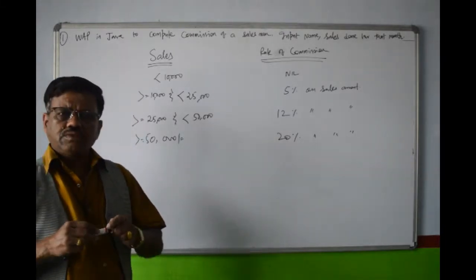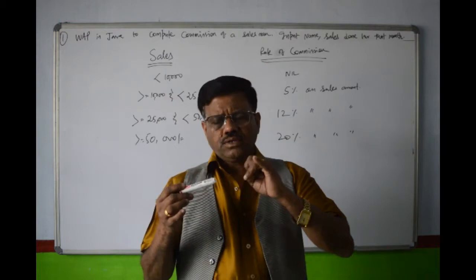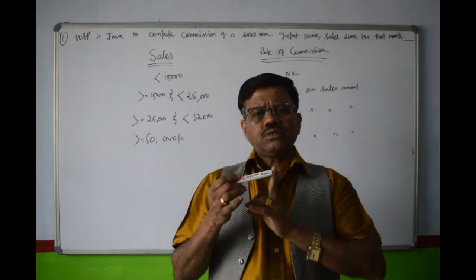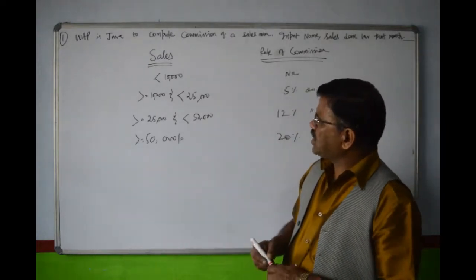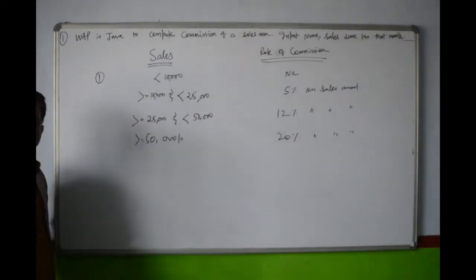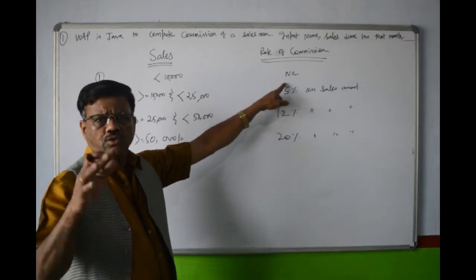Please note, this is the question. Display the name of the salesman, display the amount of sales done, display the commission, how much the salesman has earned. How many conditions are there? What is the first condition? If it is less than 10,000, you will not get commission.